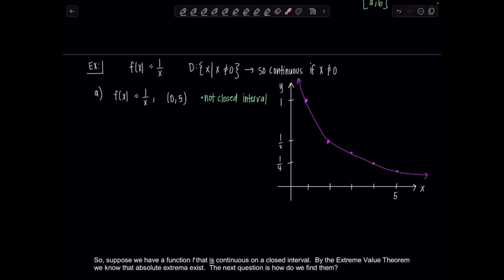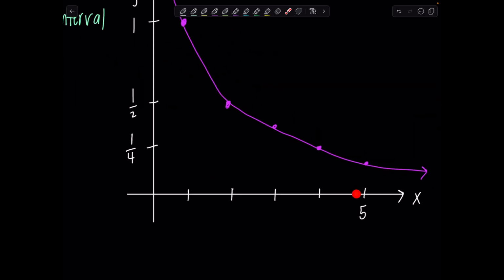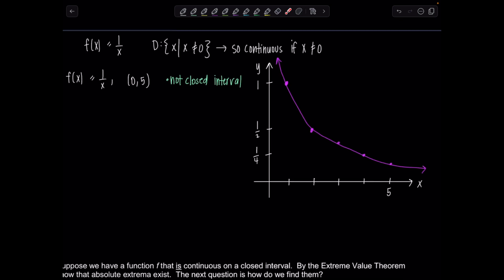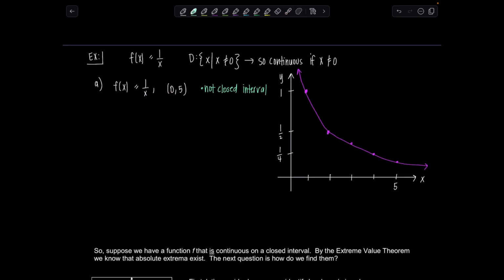The interval's open. So say you were like, oh, well, 4.9, f of 4.9 is my absolute min. But then someone could just come up next to you and say, well, how about 4.99? That function value is smaller. Well, how about 4.999? You know, this game will never end. So no, there's no absolute extrema.